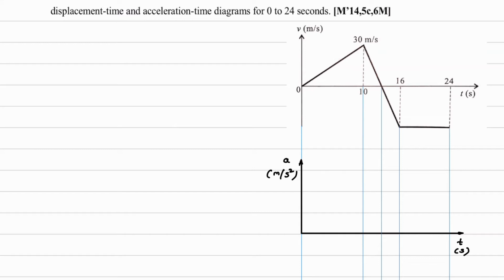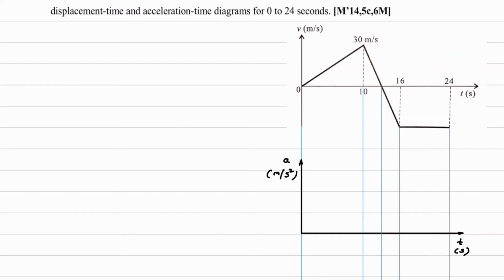Why? Because here the slope is between plus 30 and minus 30. Acceleration is dV by dt, and this dV by dt is remaining constant. The slope is constant, so acceleration should be constant. The magnitude we will calculate.